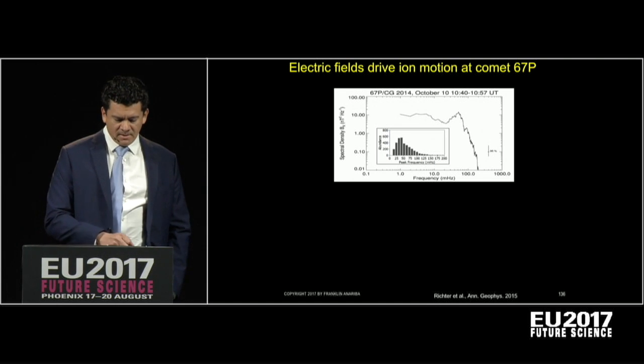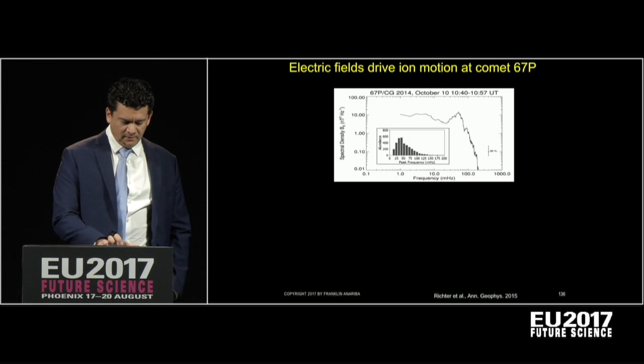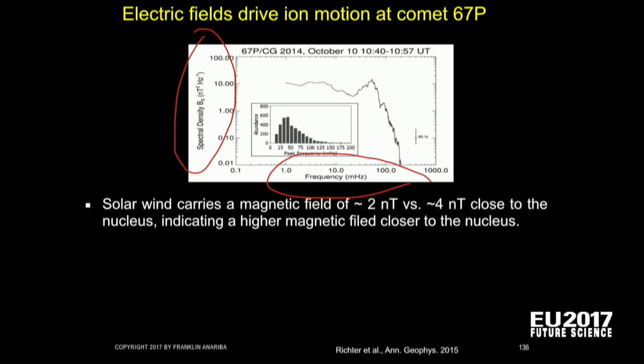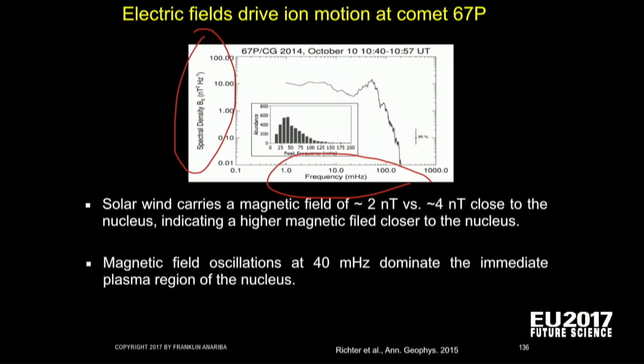In this particular example, I have a graph that shows spectral density, magnetic field, and here is the frequency of this magnetic field, which shows that it's between approximately 2 nanotesla and approximately 4 nanotesla. I think we're talking about the solar system, solar flux here.